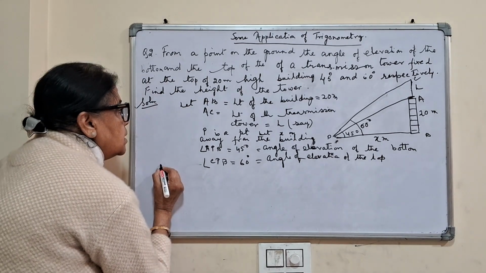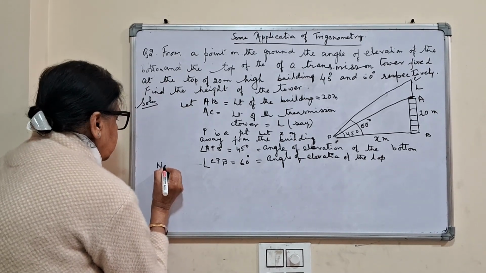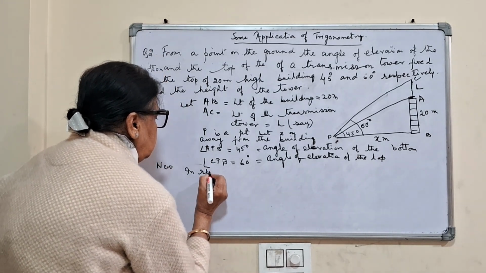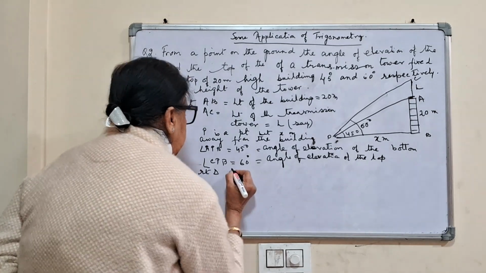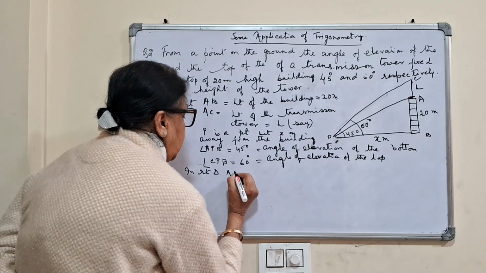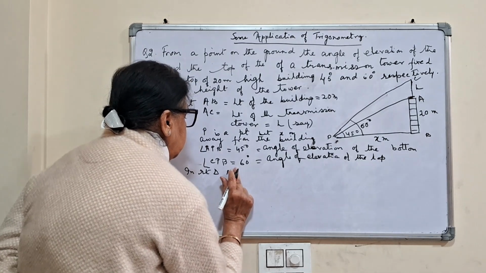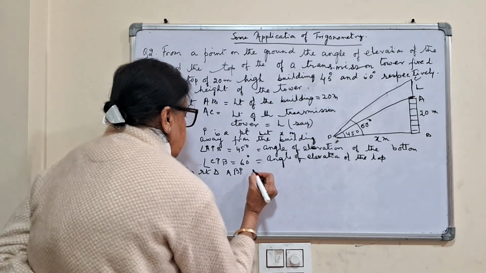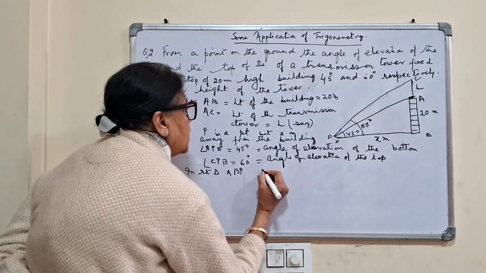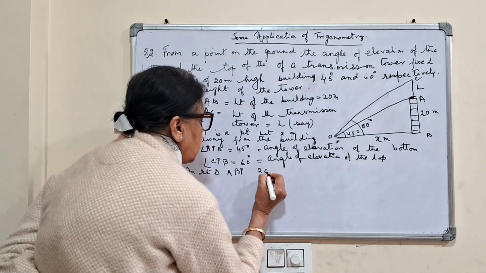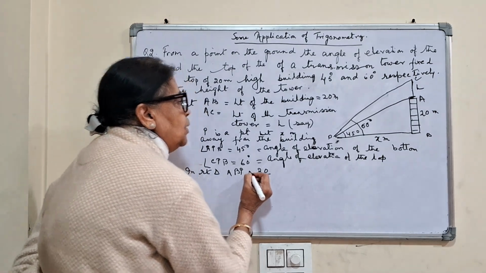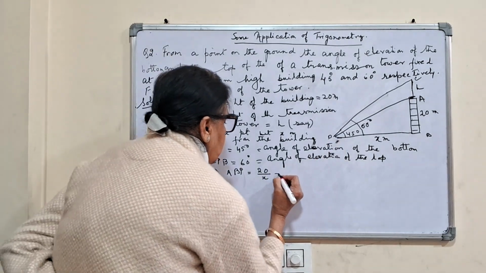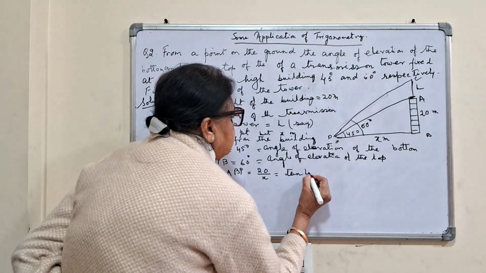Now in right triangle ABP, 20 by X, that is perpendicular by base, is equal to tan of 45 degree.